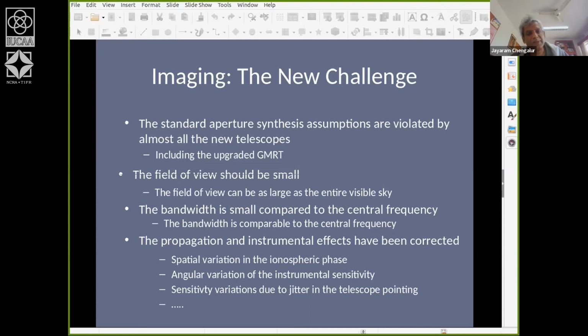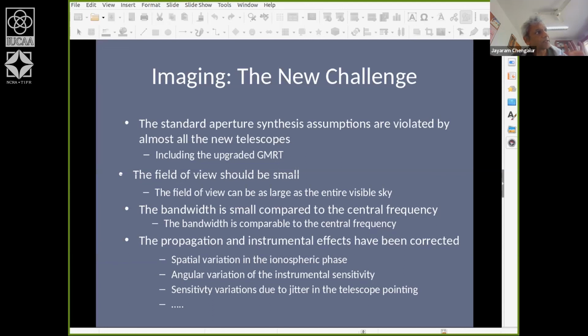These include spatial variation in the phase produced by the ionosphere, and angular variation in the instrumental sensitivity. We haven't talked about it. When we talked about the field of view, we pretended as though the instrument was equally sensitive over its entire field of view. That is not the case. One would have to deal with the fact that the sensitivity varies over the field of view. There are also variations in sensitivity because the telescope is jittering in its pointing.